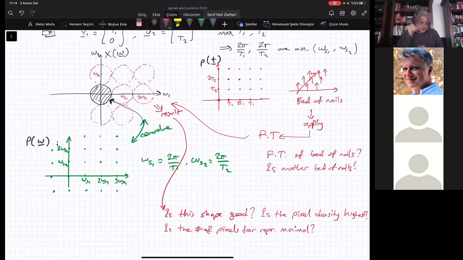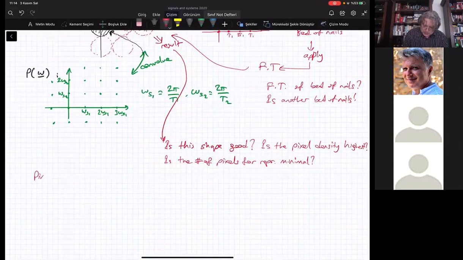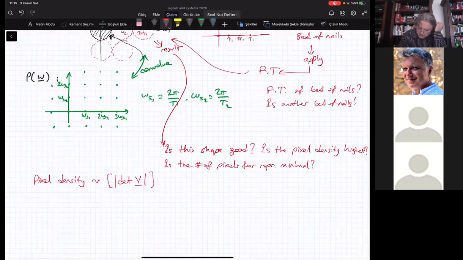We will define the pixel density very soon. It's actually corresponding to the determinant. Pixel density is related to the inverse of the absolute determinant of V. What is V?